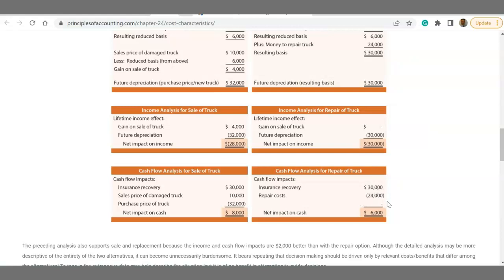We spent $24,000 to repair, and 30 minus 24 gives us a net impact on cash of positive $6,000, which if you compare to selling the damaged truck and buying a used one online, gives us $8,000 positive. So as you see, again, the detailed analysis shows that there is a $2,000 difference in the cash flow.